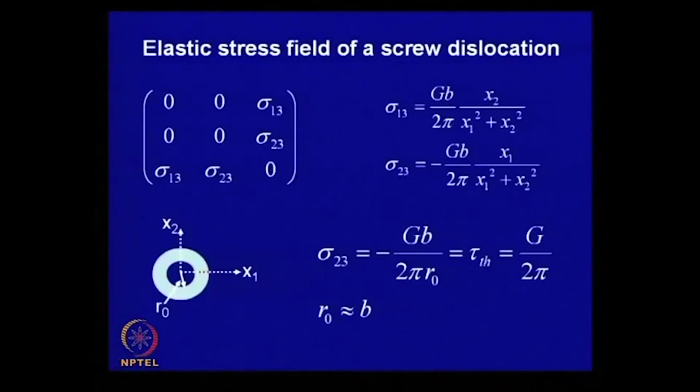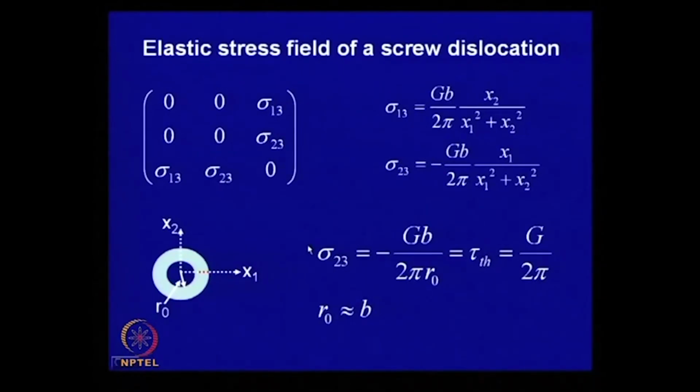So, what you do here, this gives you the state of stress around a screw dislocation. All these components are 0, and if you add these, 1/3 of this is called the hydrostatic stress field, which means that the hydrostatic stress field is 0.